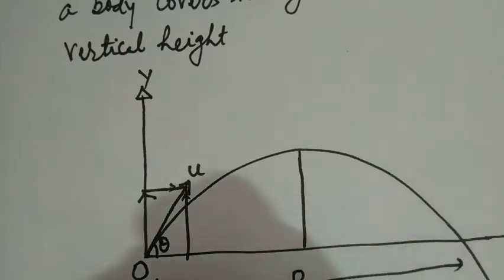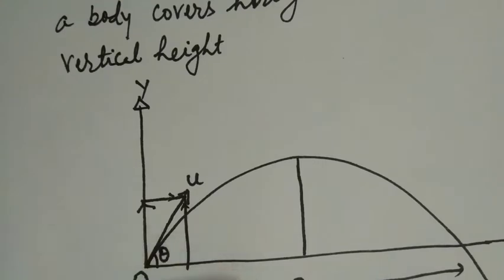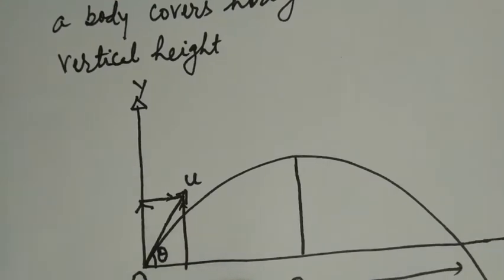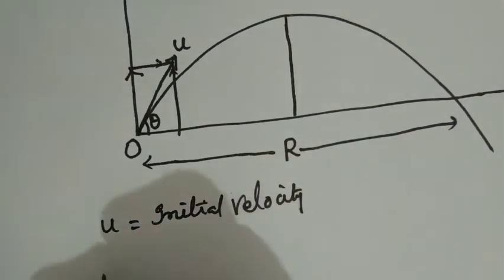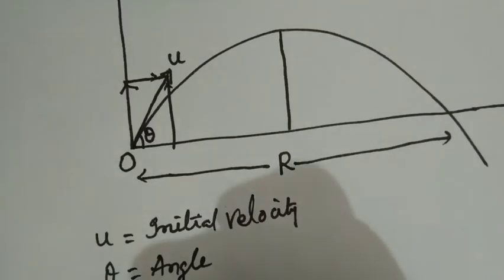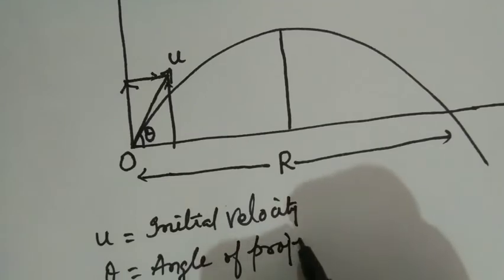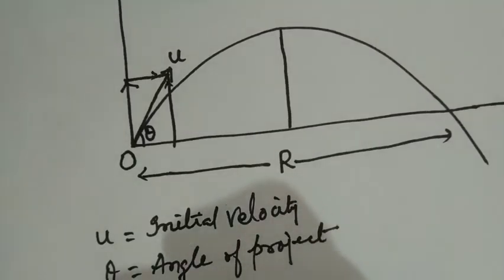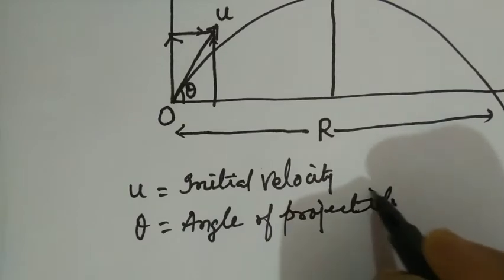So now let us consider u as the initial velocity of the projectile, and theta is the angle of projection with which the particle or projectile is thrown into air. Here air resistance is taken as negligible.